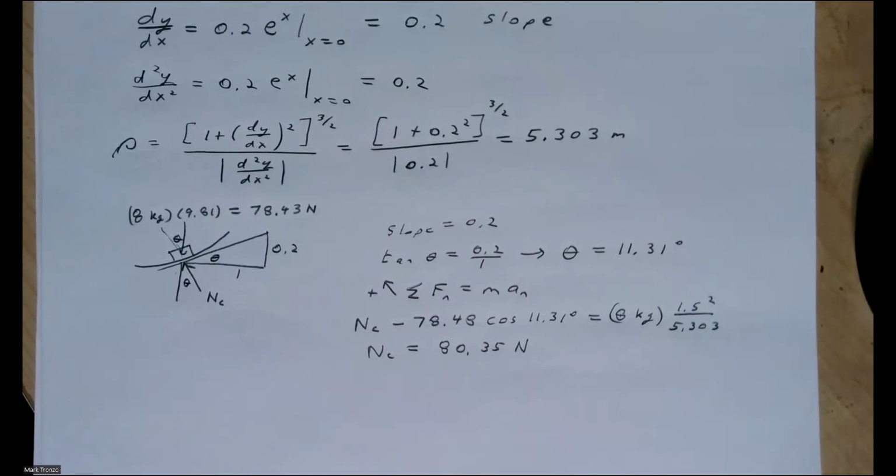And that's all we need to do for this problem. It won't be necessary to find the increase in speed. That's not really what we need to do right now, so we can stop right there.